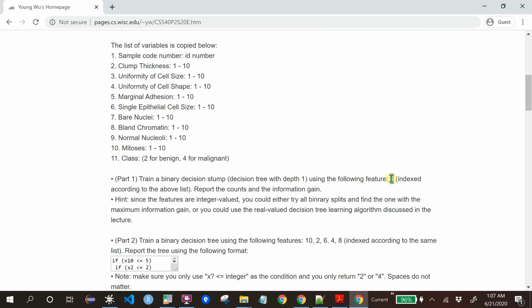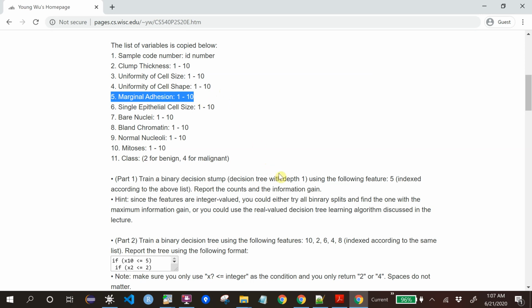You look at 5, and you have 9 possible ways to split it: threshold 1, threshold 2, so above 1, below 1, above 2, below 2, and above 9, below 9. Below 10 doesn't make sense because all the training points will be in one of the branches, so you don't need to compare with that split.